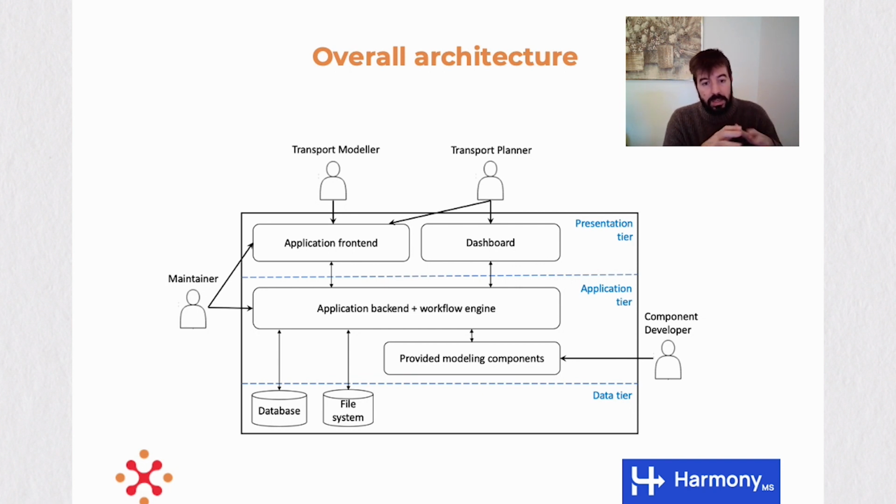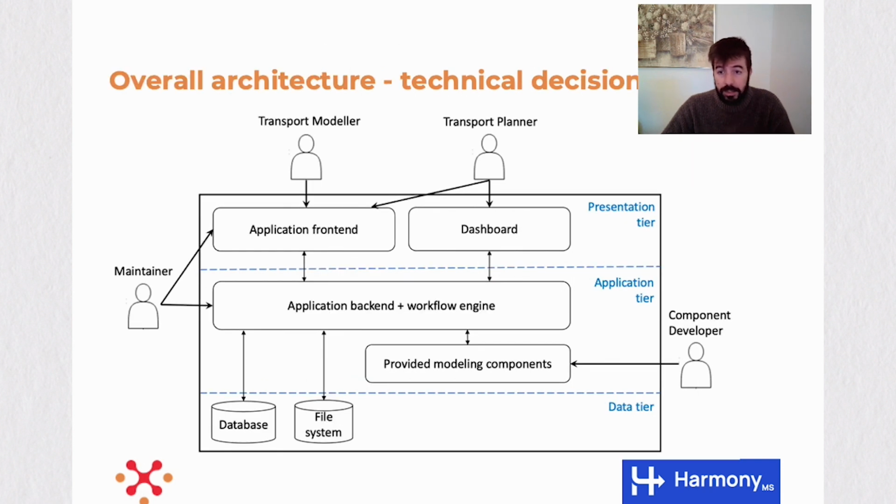The platform itself is a three-tier application. So we have the presentation tier, which is, if you want, in other terms, the front end, the application tier and the data tier. The application tier and the data tier are the backend of the platform. In terms of technical decisions and technologies used for the application front end, for the user interface, we have used the Angular framework.